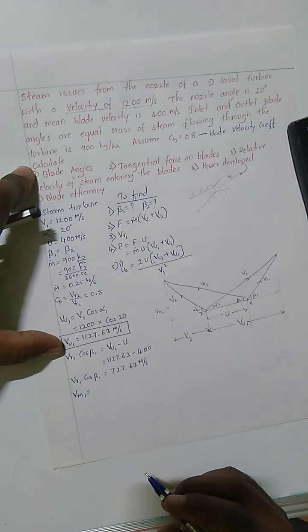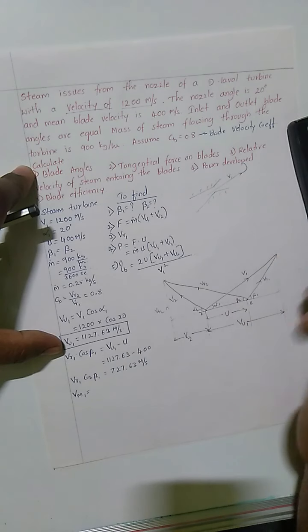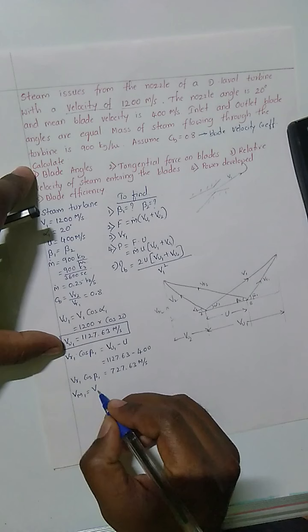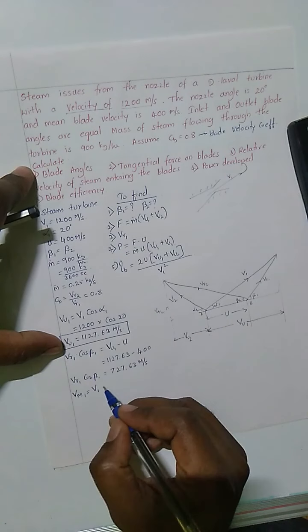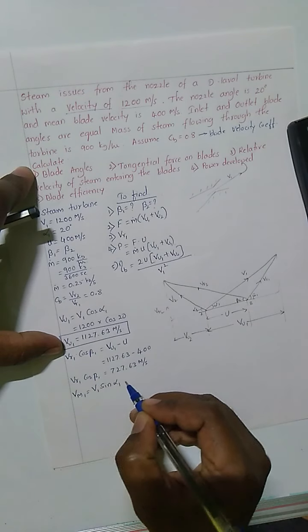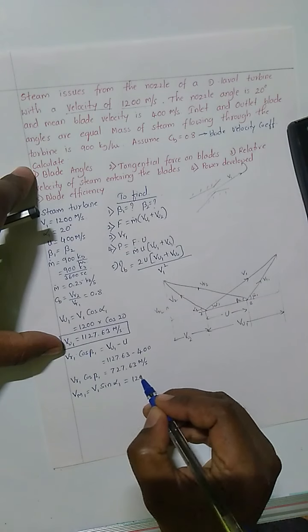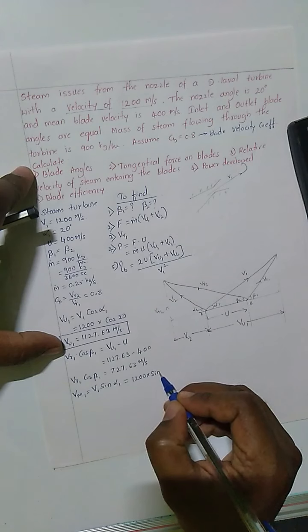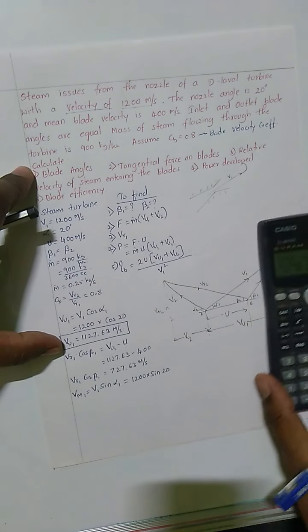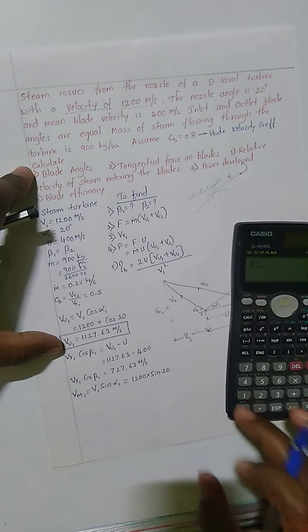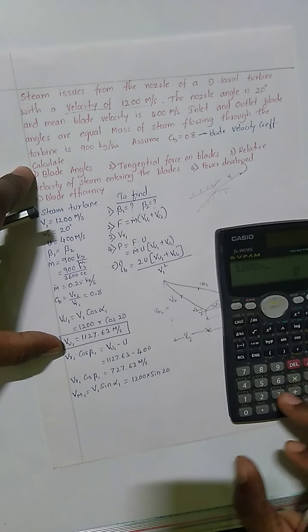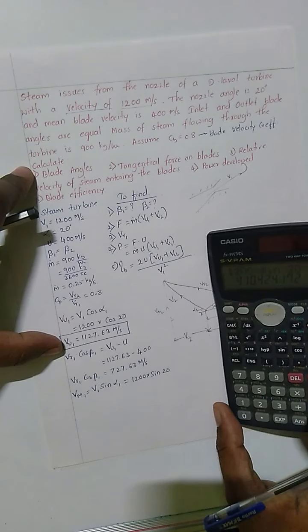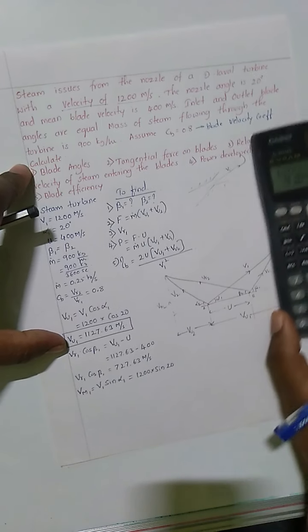VM1 is, if I consider this triangle, V1 sine alpha 1. How much is it? 1200 into sine 20 degrees, which is 410.42.